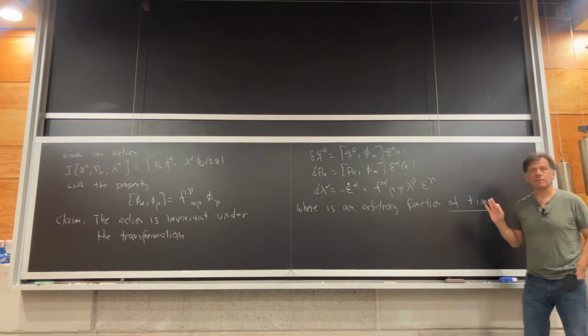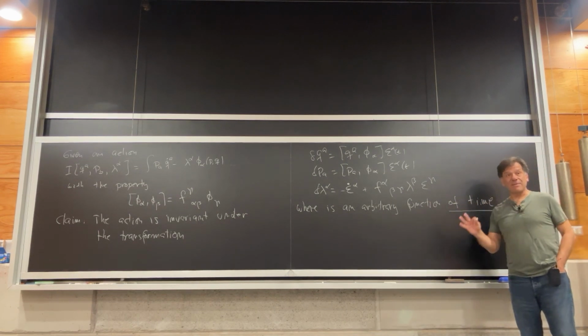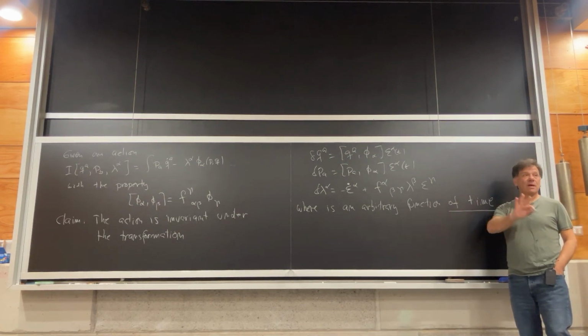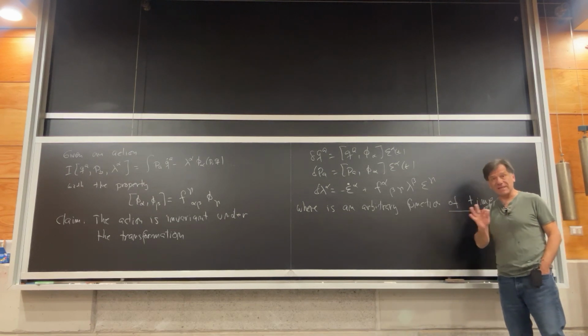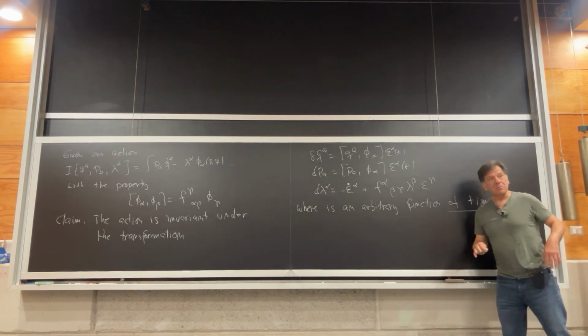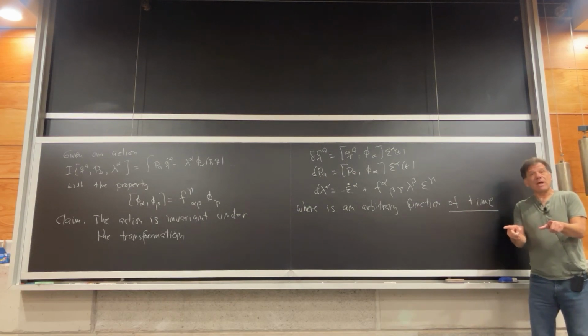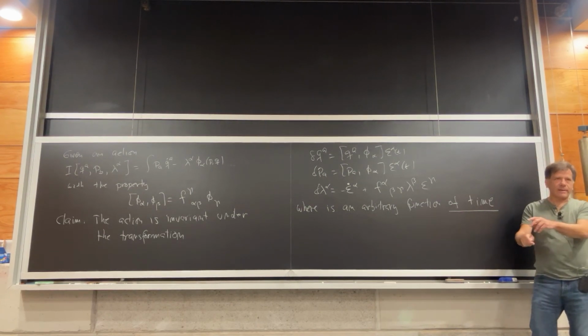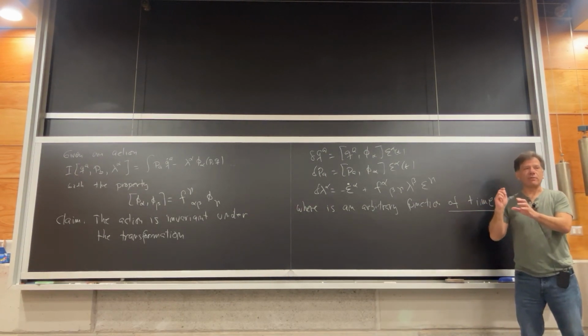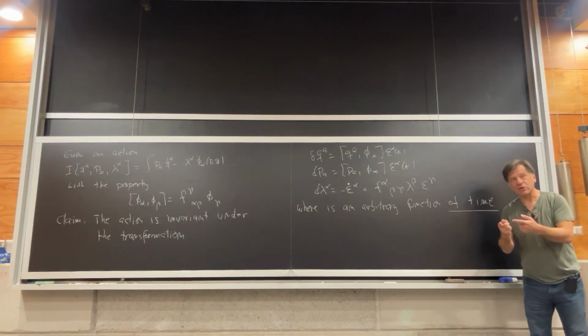There's no restrictions on the parameter at all. That's the main difference between a gauge symmetry and a Noether symmetry. For Noether symmetries, these parameters normally are either constants or depend on time in a prescribed way, like it could be a constant times t, for example. But it's not an arbitrary function of t.